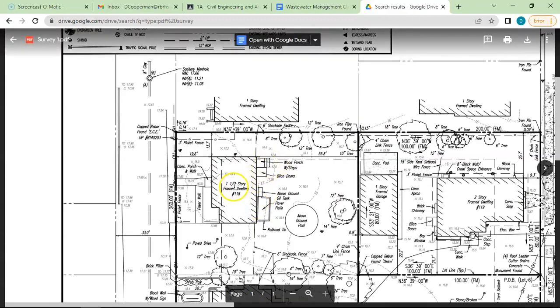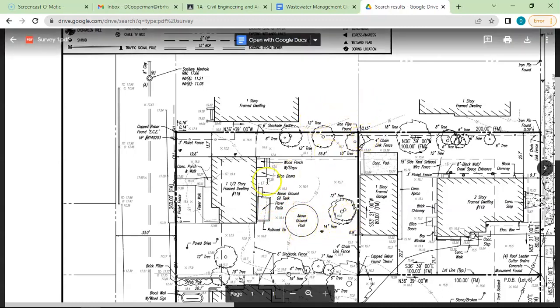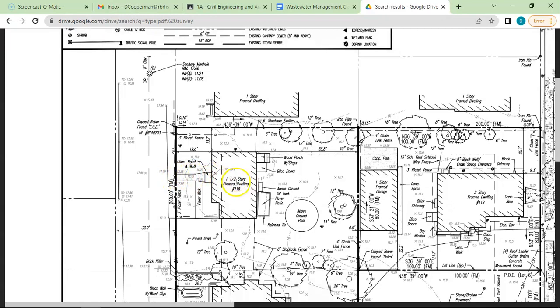We have a 1.5 story building, so kind of like a split level. You have a concrete porch right here, a walkway. You have a patio. You have an outdoor pool out here. You have trees over here, and you have your roadway in the middle of the street with the concrete walkway leading up to the house.